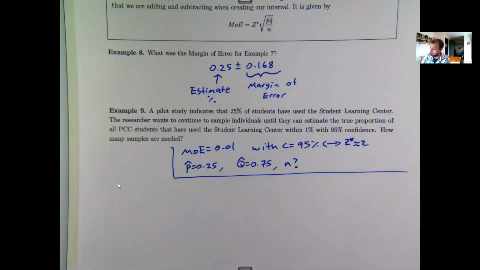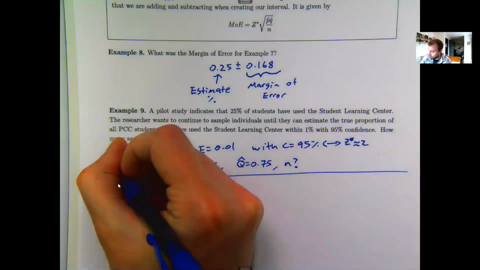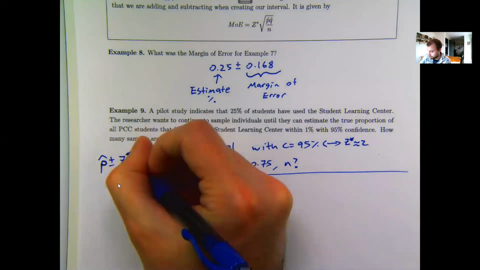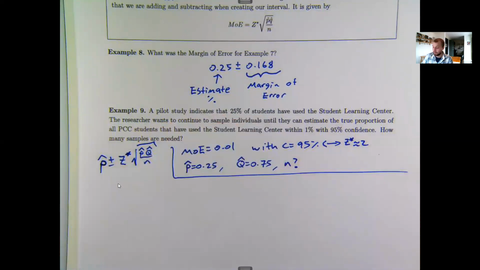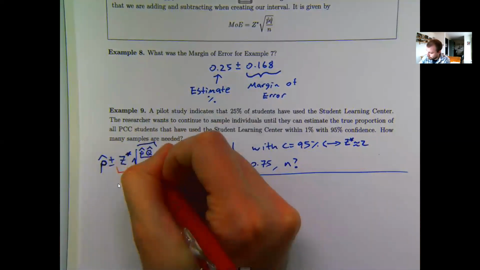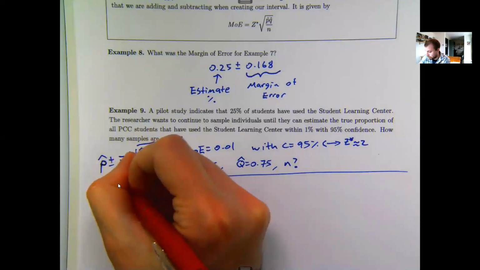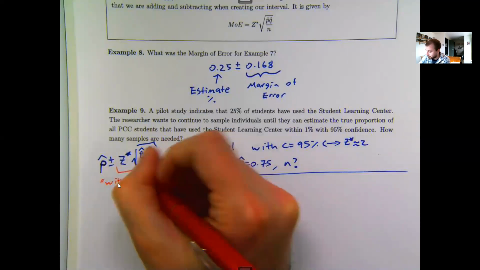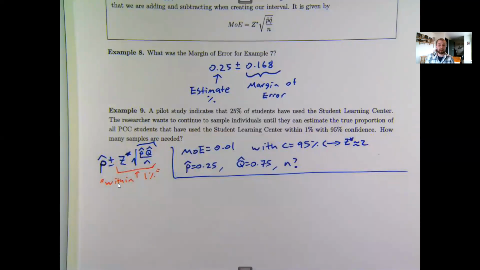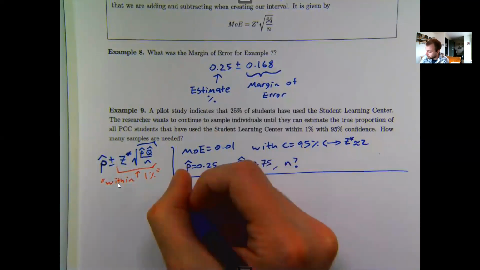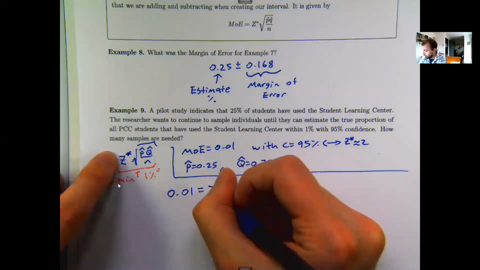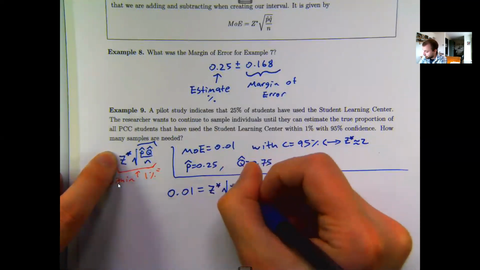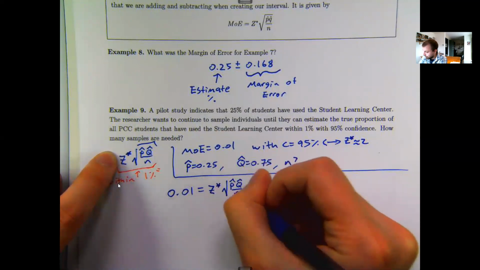So let's set up the formula. I'm taking my confidence interval and I want it to be within 1%. So I want the amount that I'm adding and subtracting, that part of the equation, to be equal to 1%. So 0.01, my margin of error, is equal to z star square root p hat q hat over n.